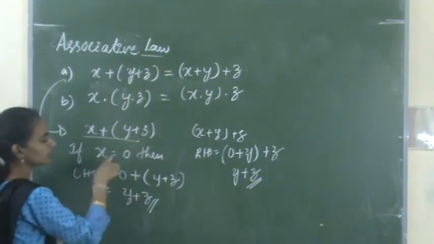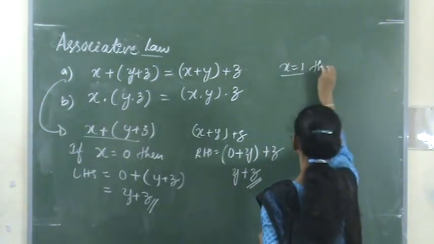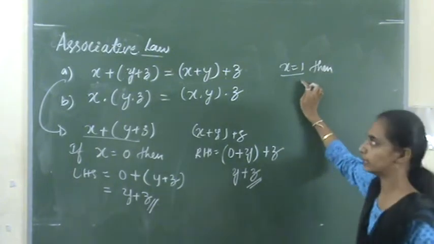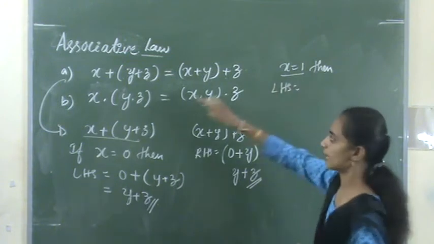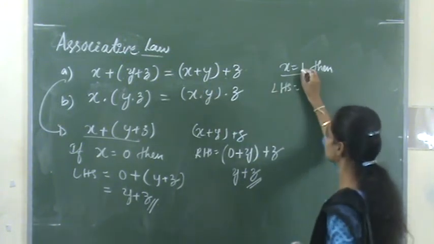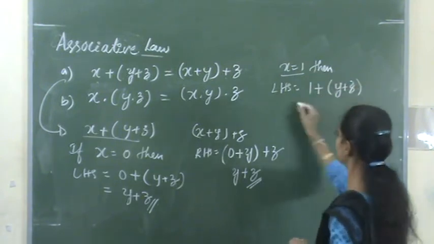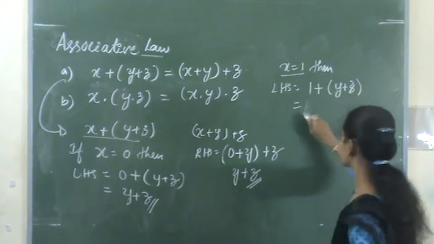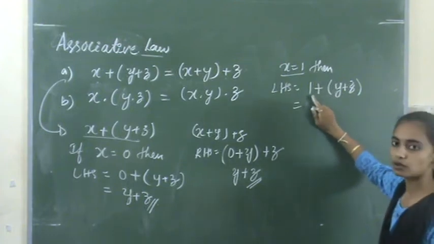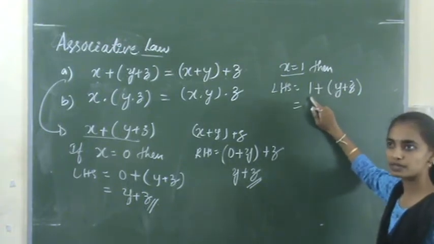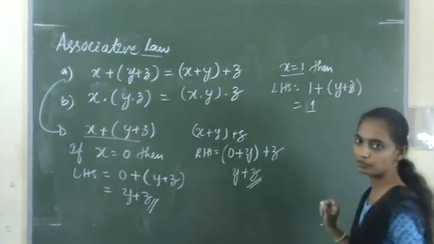Now suppose X value is equal to 1. Then what happens? Take the same LHS, that is X + (Y + Z). What is the X value? 1 + (Y + Z). We know the property of ones: if we perform OR operation with 1 and any variable, we get the result as 1 itself.